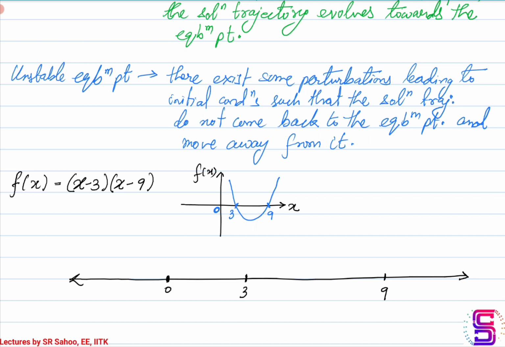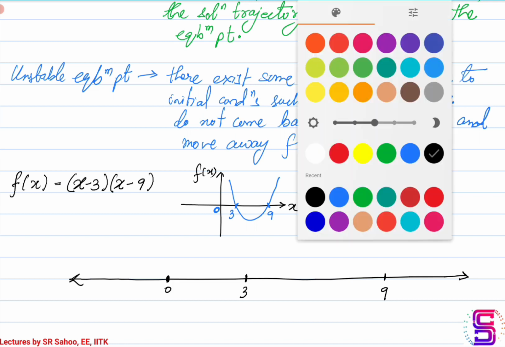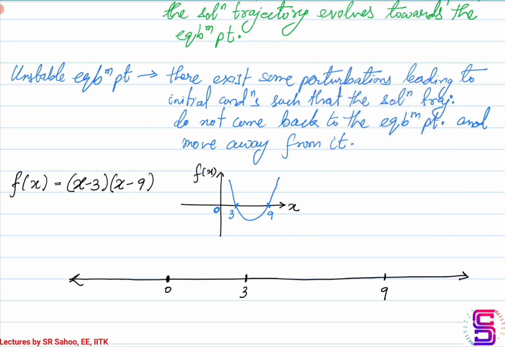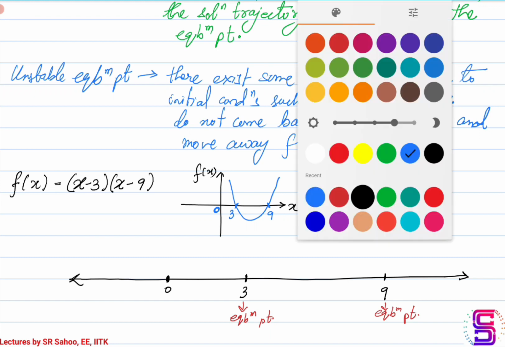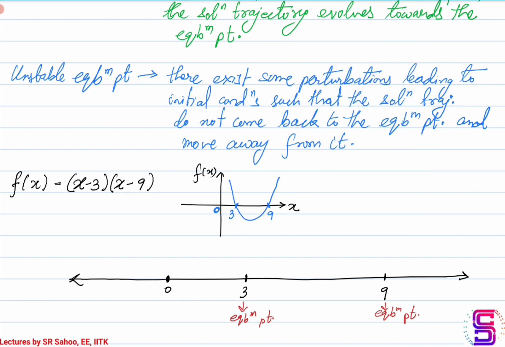So clearly at 3 and at 9, f of x is 0. So f of 3 is 0 and f of 9 is also 0, which means x dot is 0 at x equal to 3 and x equal to 9. So both of them are essentially equilibrium points. Okay, now observe how f(x) changes as the value of x changes.